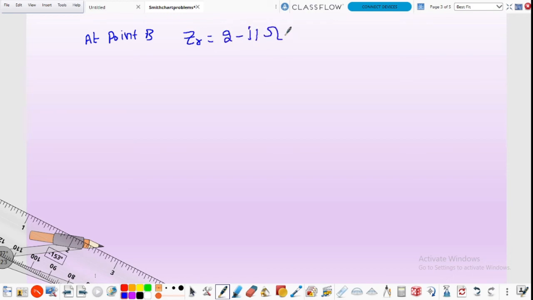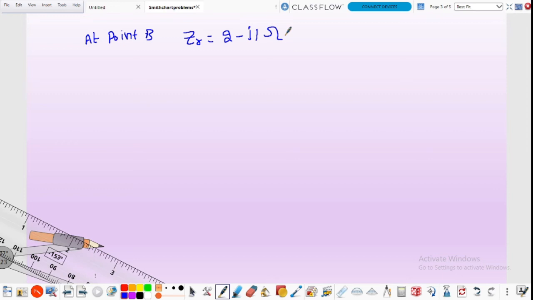Once again, from the Smith chart, the point B is the intersection of the R equal to 2 circle and the X equal to minus j1 circle approximately. Hence, at point B, the normalized impedance is z_r equal to 2 minus j1.